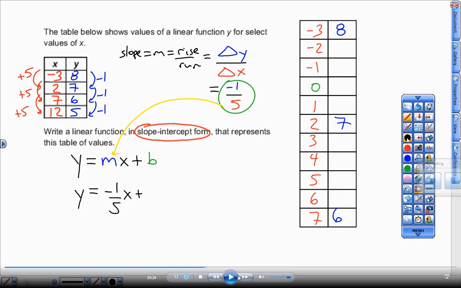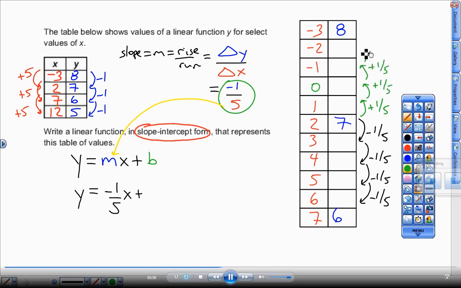So my slope, or my rate of change, every time going down one term, is going down by 1/5, subtracting by 1/5. If I was to go up, adding 1/5, plus another 1/5, plus one more 1/5.